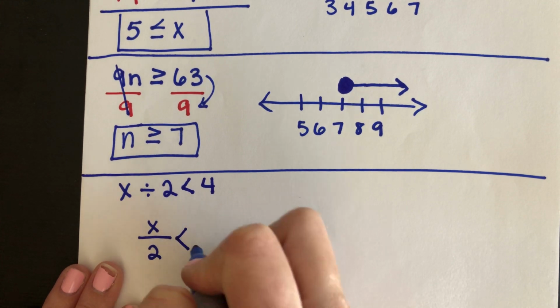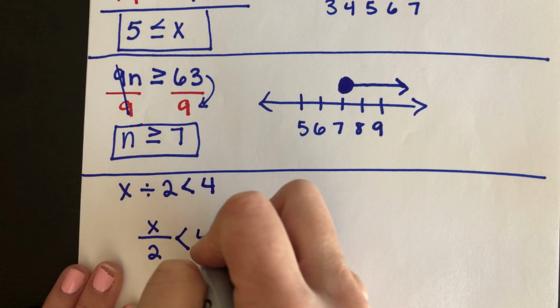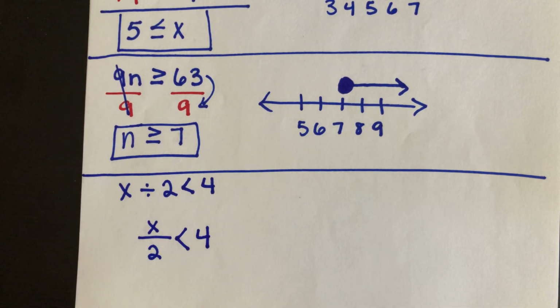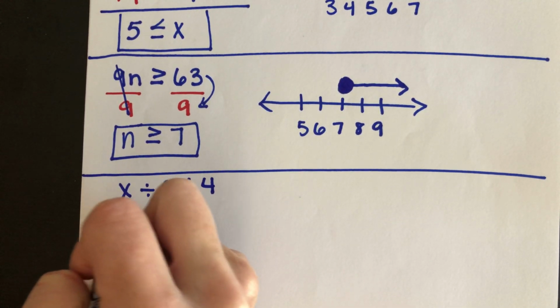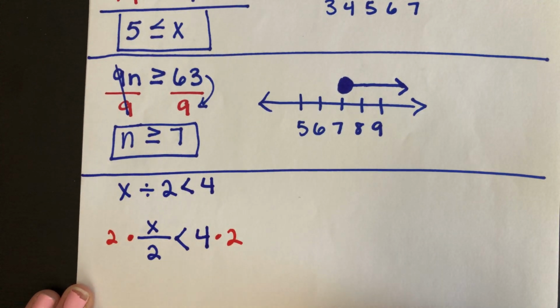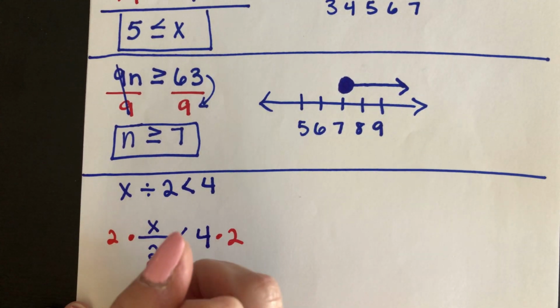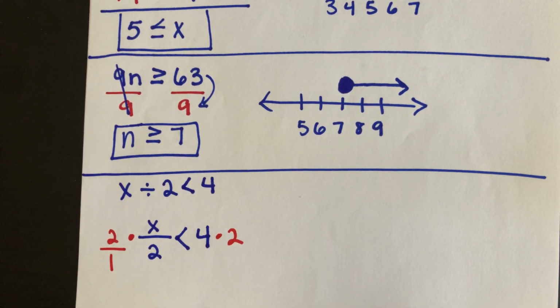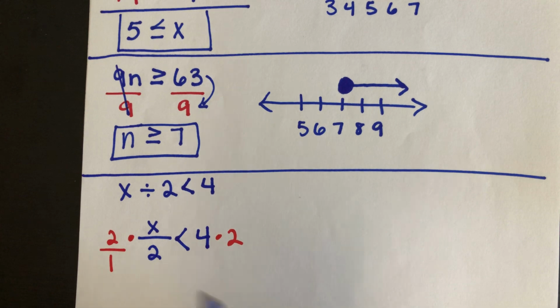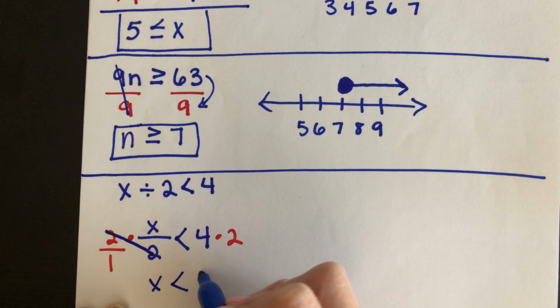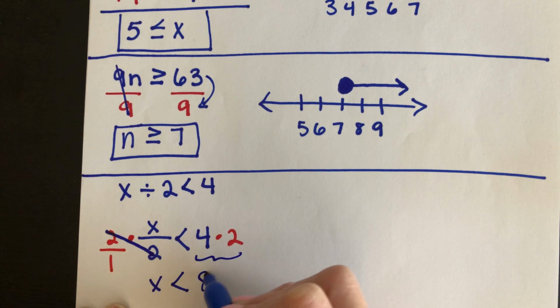Since it's x divided by 2, the inverse operation is multiplying by 2. So I'm going to multiply by 2 on both sides. This is in fraction form, so I'm going to put 2 as 2 over 1. These cancel out, and I'm left with x is less than 4 times 2, which is 8.